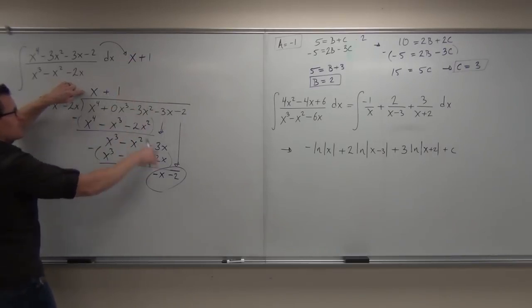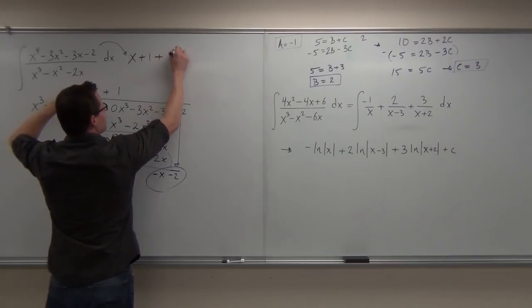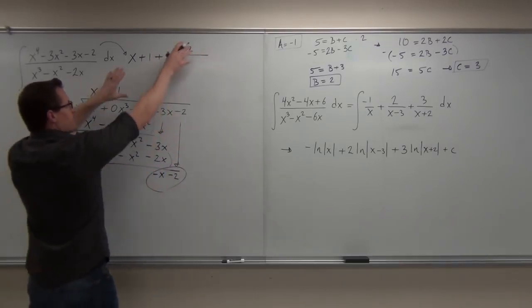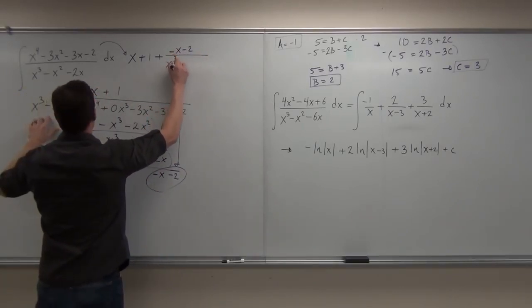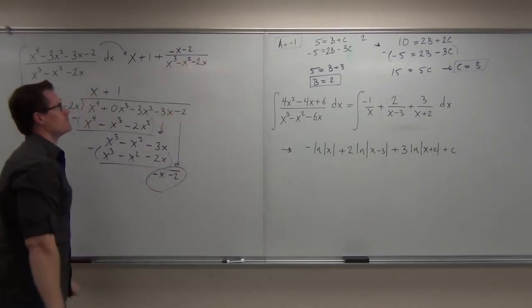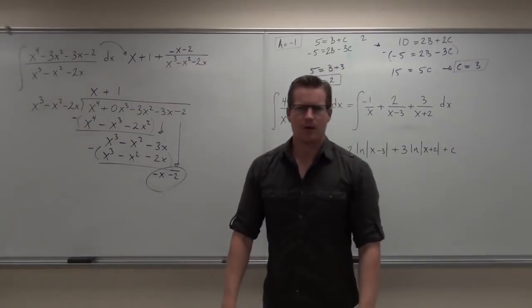This is our quotient here, plus the remainder of negative x minus 2 over, and when you write your remainder, it's always your remainder over your original denominator. Are you okay with that so far?